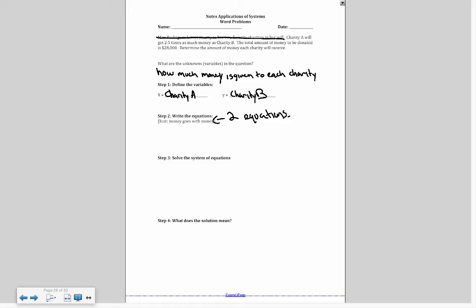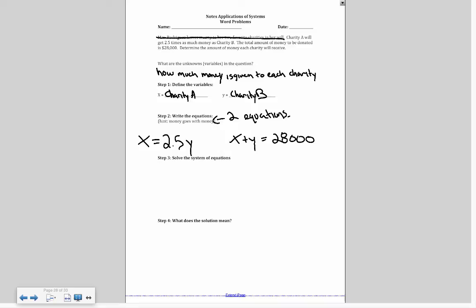Charity A will get 2.5 times as much as Charity B. Well, Charity A is my X, and that's going to be 2.5 Charity B. So 2.5 times my Charity B, or in this case, Y. The total amount of money will be donated is $28,000. So total amount is when I take Charity A and I add Charity B to it. So X plus Y equals $28,000. So that's my total equation.